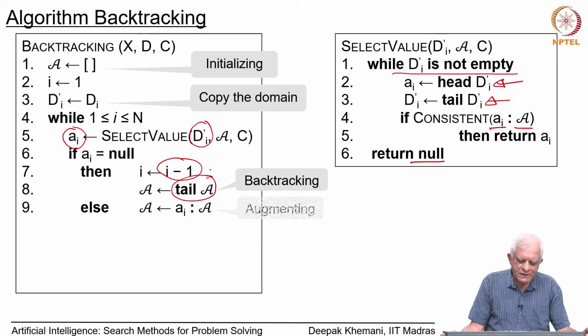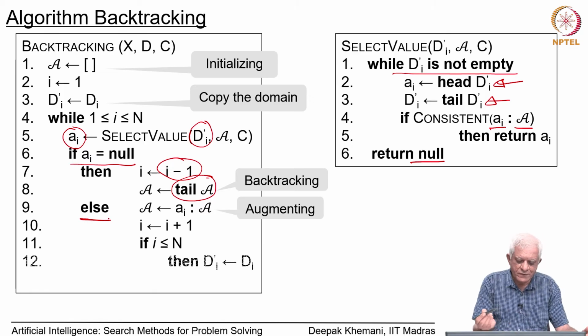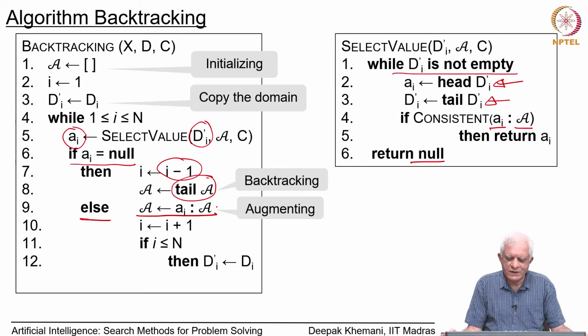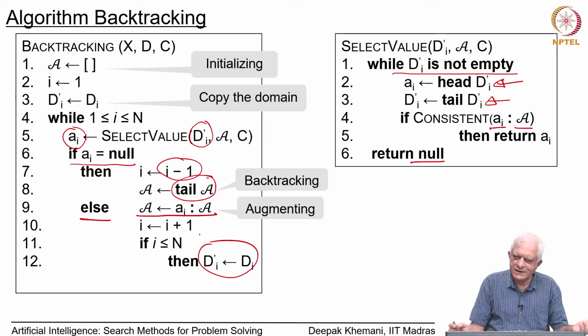If a i is not null, then we have found a value, and we just simply go on to the next variable, but before that we augment the assignment with this new value that we have found, and then we increment i, and now because we are looking at a new variable, we make a copy of its domain as well.